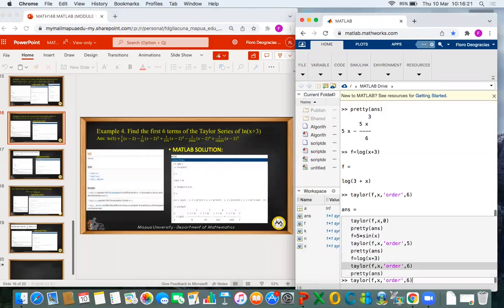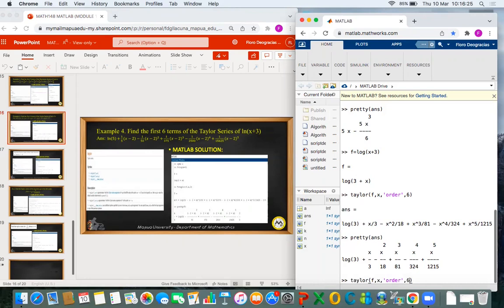So let's have that syntax again, class. So we need to include negative 3. So going back here, class, we should have negative 3.